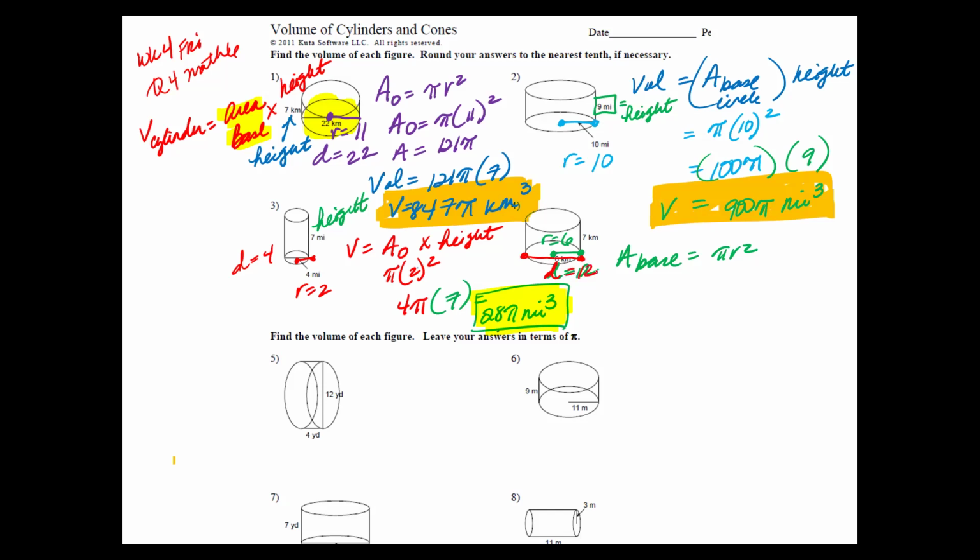Yeah, so double it. It's going to be 12. Radius is half of the diameter. It's good practice. Pi times 6 squared is equal to 36 pi. What is your height here? So 36 times 7, what is that going to give you? That's your answer.